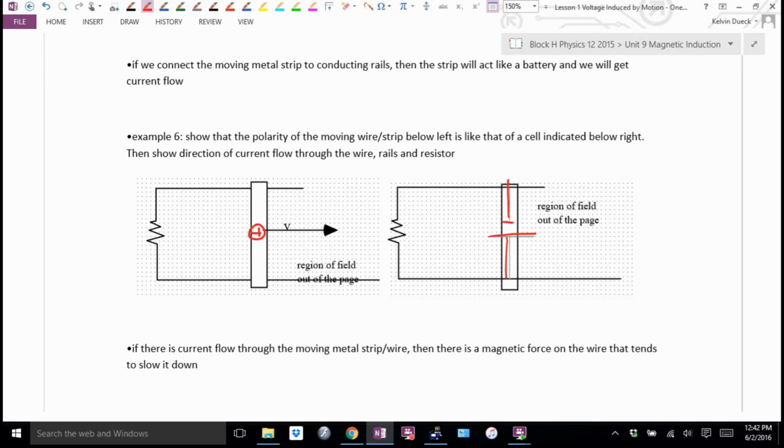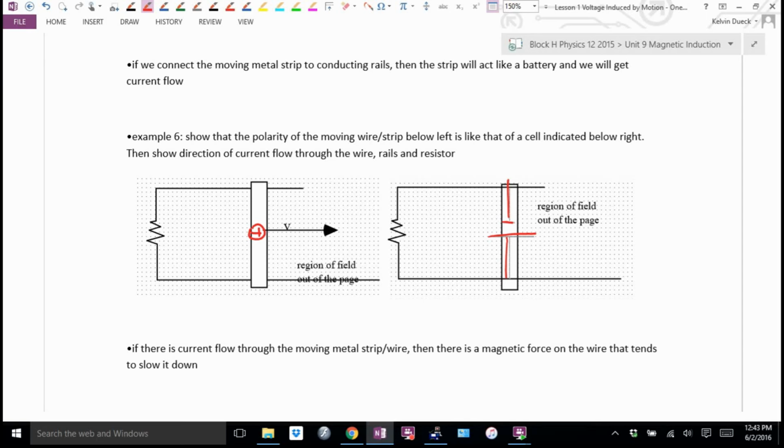Which way, therefore, is the charge inside the wire moving? Also to the right. Read carefully, which way is the magnetic field? I printed it in the diagram. It says region field out of the page. So thumbs to the right. For me, my magnetic field is coming out of the page. Which way will that charge get pushed? Which way will that charge feel a force?